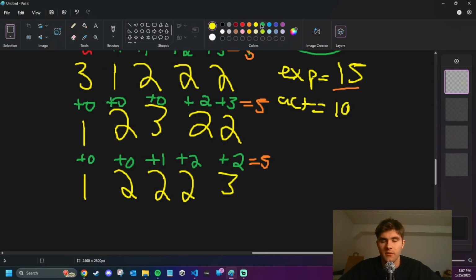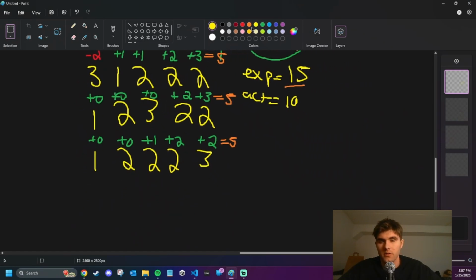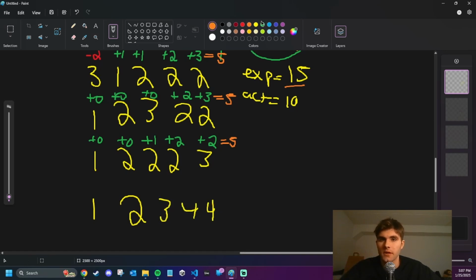If I have, for instance, 1, 2, 3, 4, 4, I should not also get 5, right? So maybe this number can tell us how many are wrong. So plus 0, plus 0, plus 0, plus 0, plus 1. So that gives us 1.